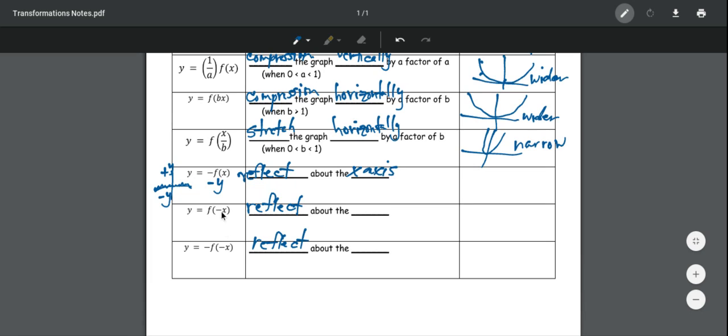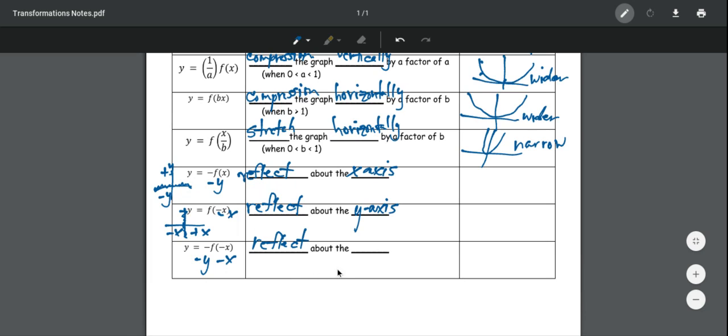And this is a negative x, right? So if I do it again, if I have a positive x and a negative x, what does it reflect over? Well, it reflects over the y-axis. And this one has a negative y, negative x. And so what this does is it flips and then it flips again.